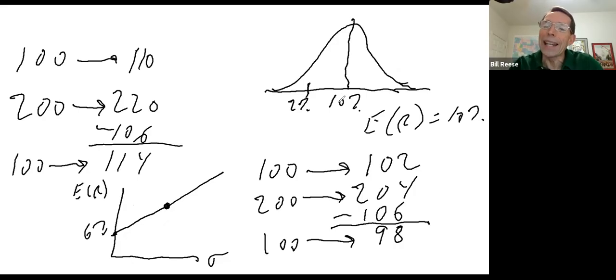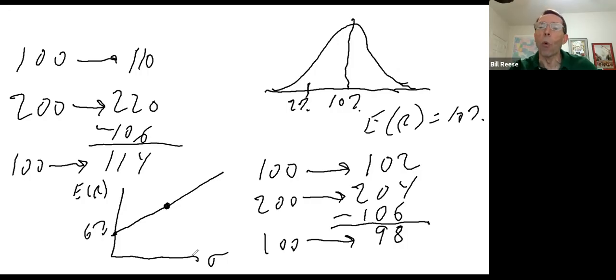Now, when I went and leveraged money, that moved me up on the capital allocation line further, which increased my expected return and also increased my standard deviation, okay? So that if things went well, they went even better. But if things went badly, they went even worse. And that's what leveraging does, okay? Leveraging is something that will increase your expected return and will also increase your standard deviation.